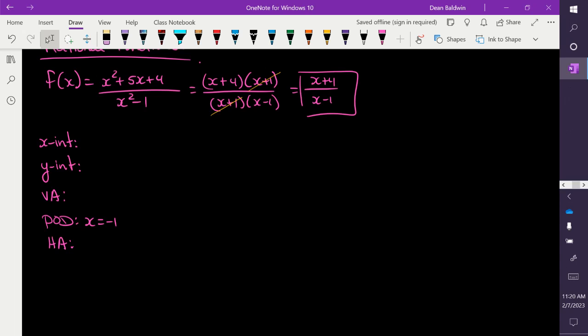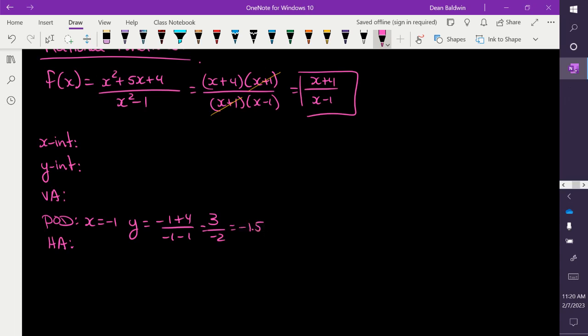You then take that value. How do you get the y value at the POD? You put the -1 into what's left over, right? So -1 plus 4 is 3. So y is equal to -1 plus 4 over -1 minus 1. So I get 3 over -2, right? Yes?